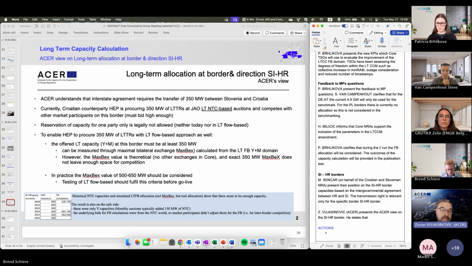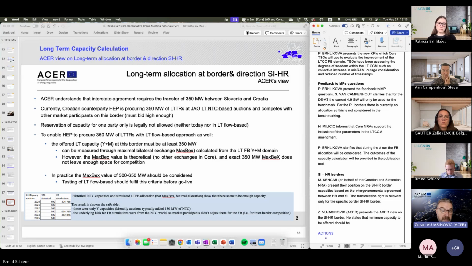So what is needed for HEP to procure this 350 megawatts practically is that the capacity, speaking about really pure minimal conditions, at this border must be at least 350 megawatts. In a flow-based world, it's not easy to speak about NTC-like capacity.